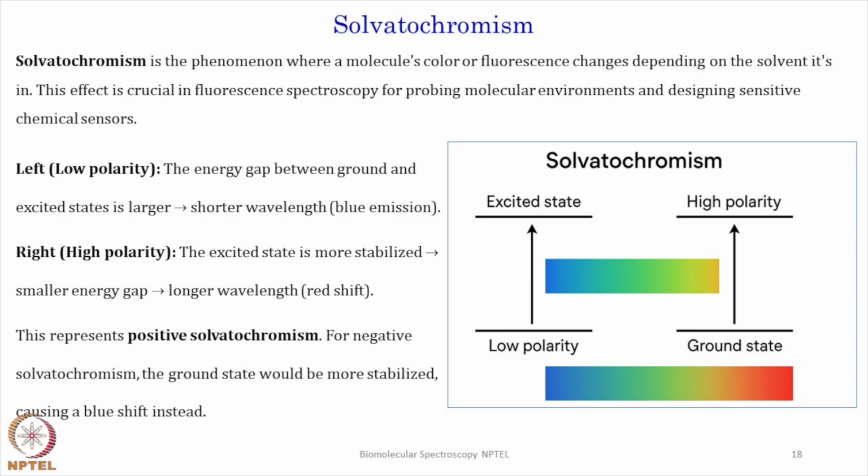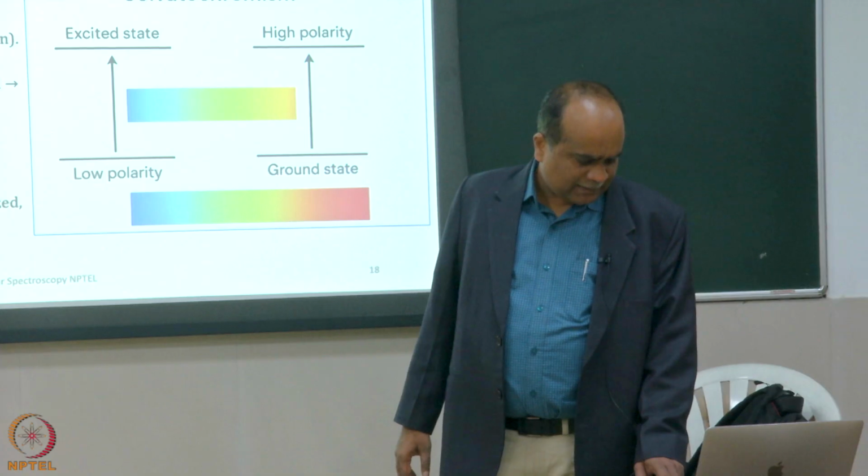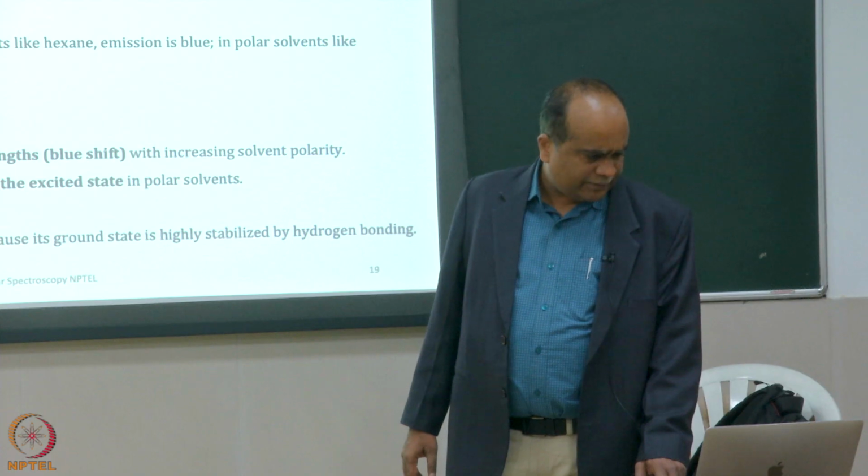So, with low polarity solvent and high polarity solvent, low polarity leads to blue emission, and in high polarity the excited state is stabilized, smaller gap, therefore, red shift. So, this represents the positive solvatochromic effect, and for a negative solvatochromic effect your ground state should be stabilized, right. So, that is called the solvatochromic effect.